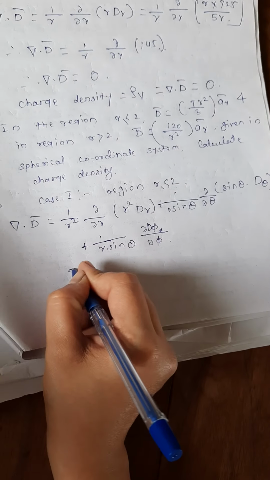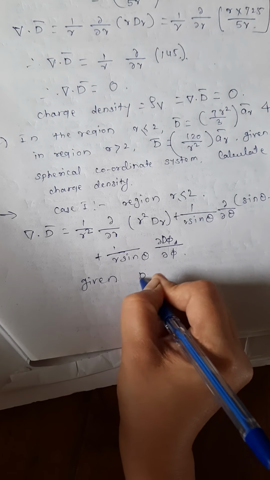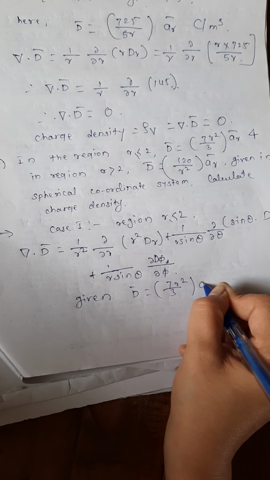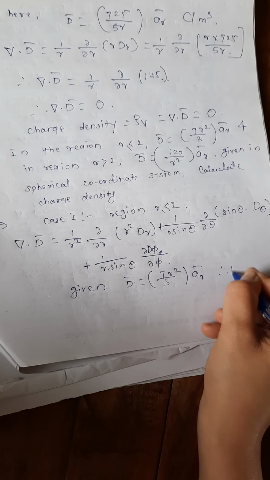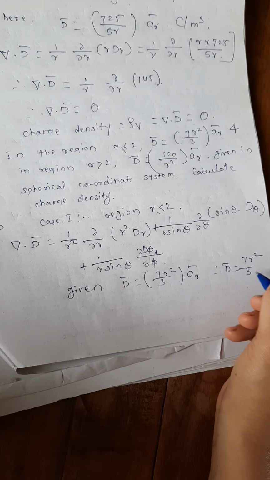Now the given equation of D bar: D bar is equal to 7r square by 3 ar bar. We consider only 7r square by 3.